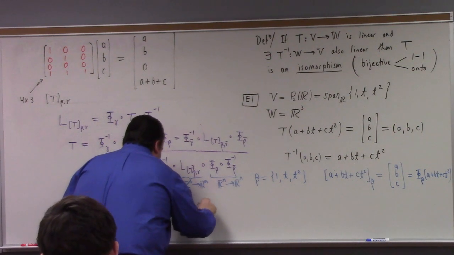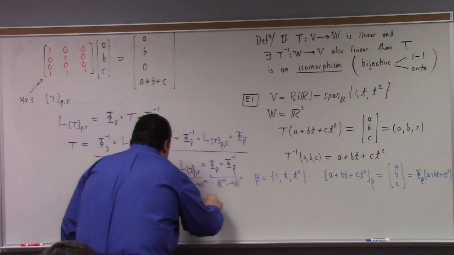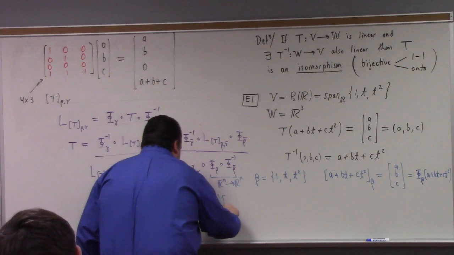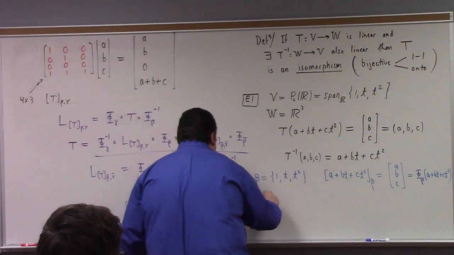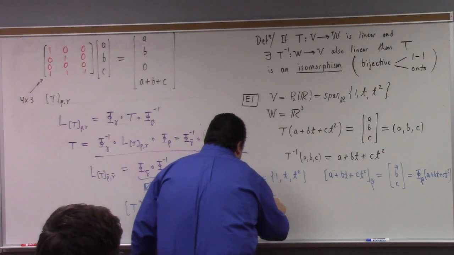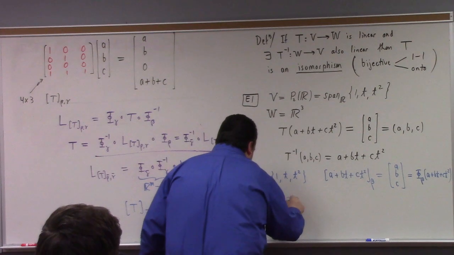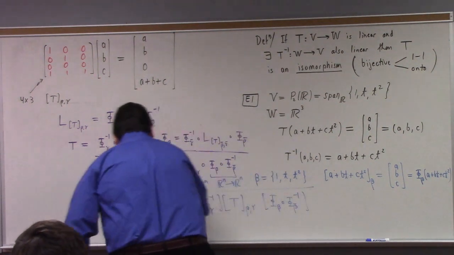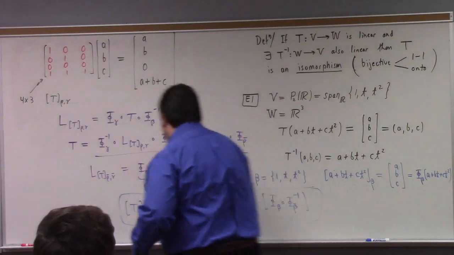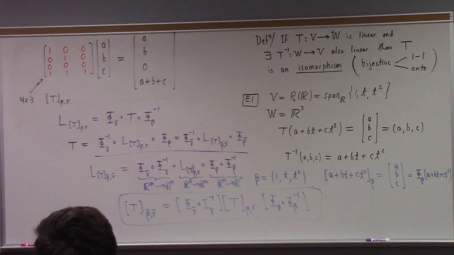This is the so-called change of basis matrix. And then you've got your T beta gamma. And then you've got your matrix of phi beta composed with phi beta bar inverse. That is the general rule for changing coordinates for a matrix for a linear transformation from one vector space to another.